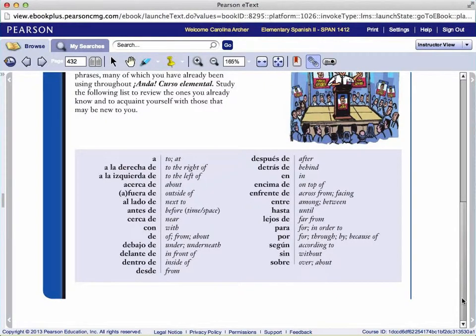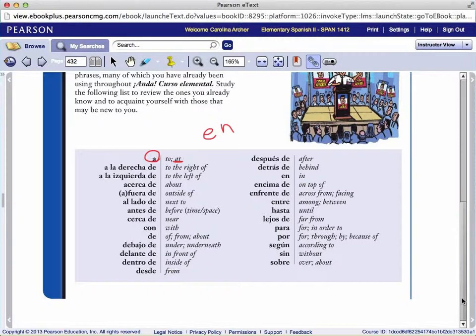When you say I'm going to or I'm at, you have to be careful with using a for at, because when you're saying I'm at a place, you don't use a, you use en. Yo estoy en mi casa, o yo voy a estar en la clase. Okay, so with a we have to learn how to use it right.